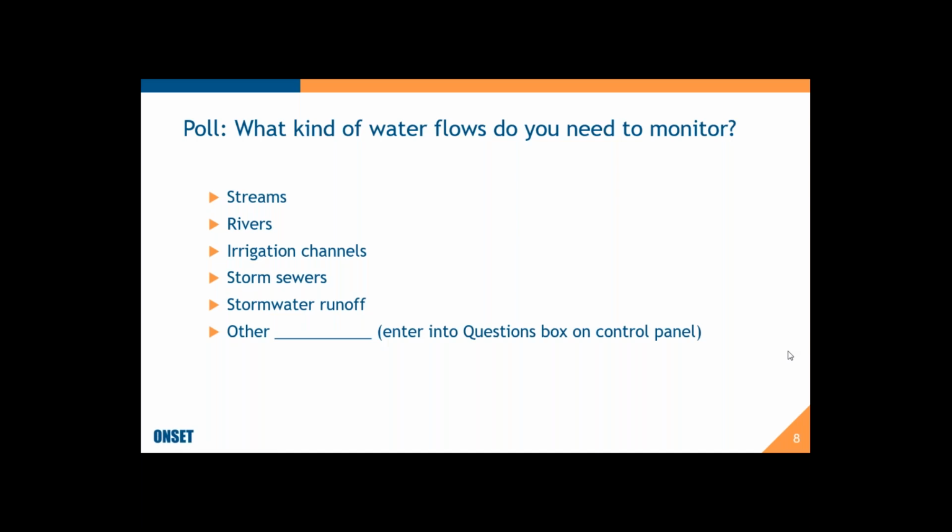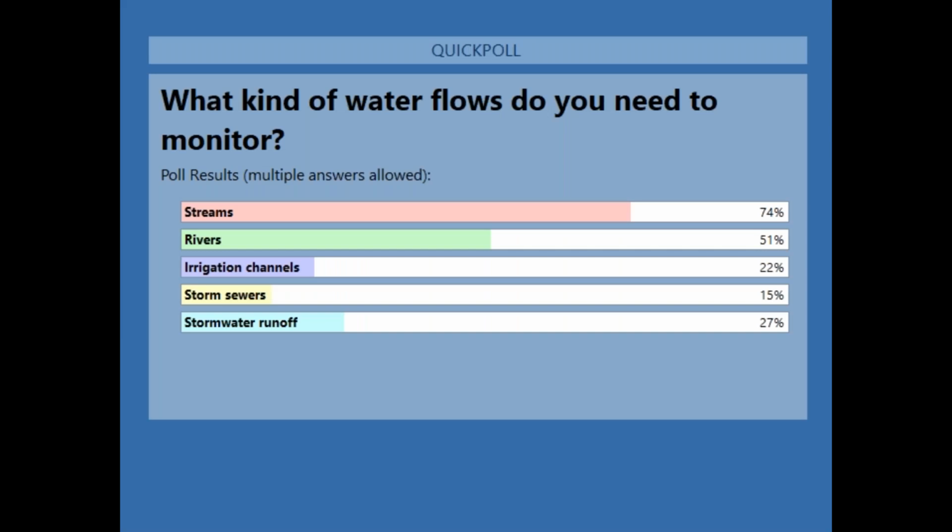Now we got a pretty good distribution here. Let me share the results with you. Streams is the biggest category, so we will definitely be covering a lot about stream monitoring. Rivers are second, then coming down to stormwater runoff and storm sewers, kind of related, and irrigation.